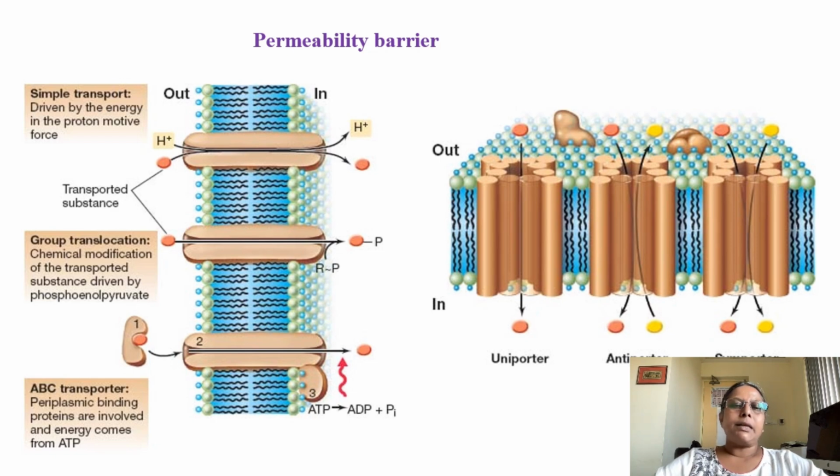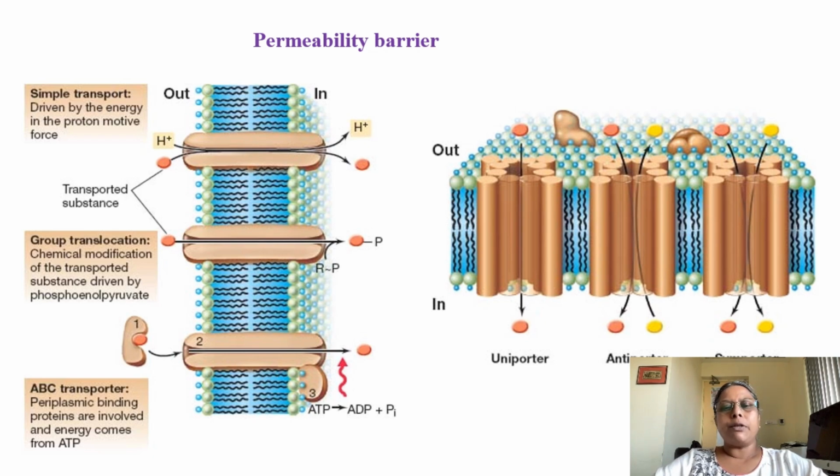As the name suggests, group translocation works for a group of substrates, mostly a group of amino acids or a group of sugars. Group translocation systems for sugar transport, such as glucose transport or fructose transport, have been very well studied.